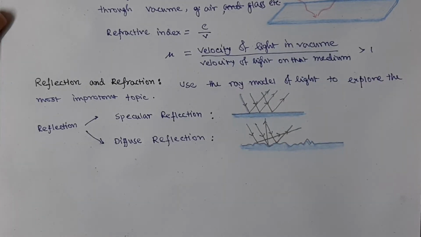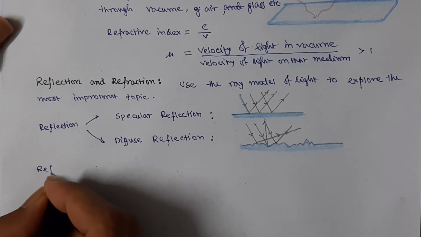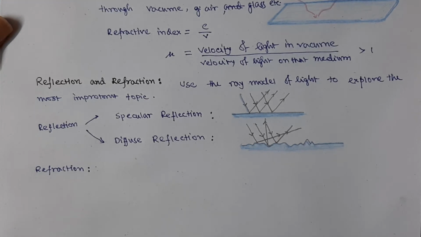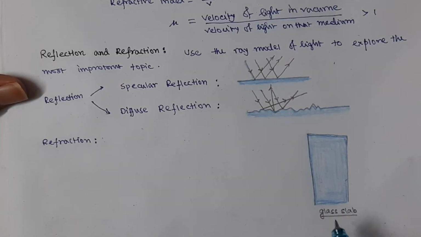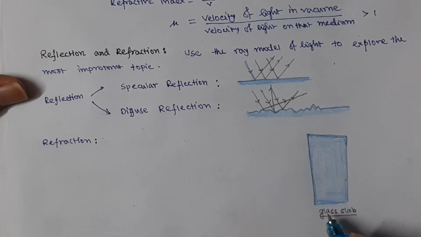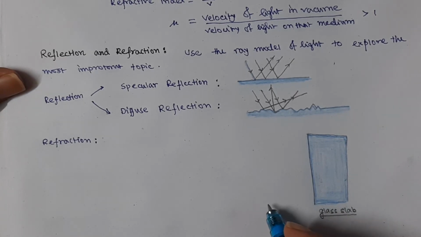Let's learn about refraction. Suppose this is a glass slab, and a ray comes from the air. The refractive index of the glass slab and the refractive index of the air must be different, because the velocity will be different.